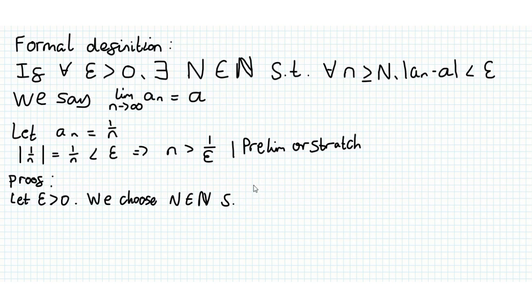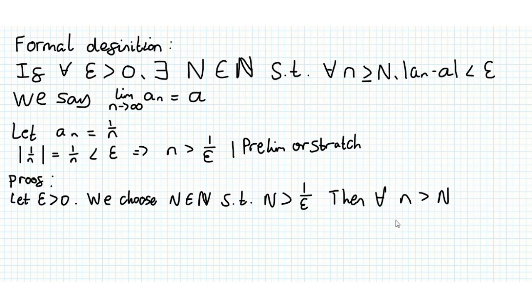And then such that N is greater than or equal to 1 over epsilon. You see, so we're using our preliminary work now. For n, in this we could put greater than or equal to, but in this case I'm just going to put greater than, greater than N.